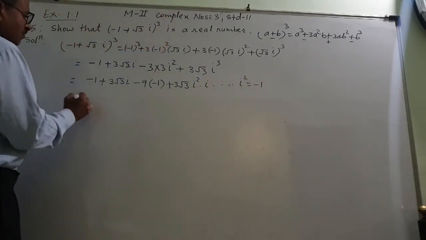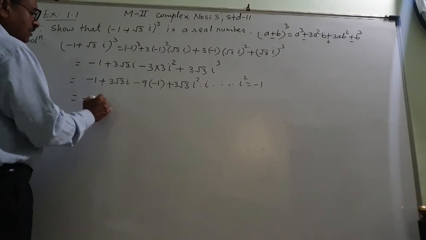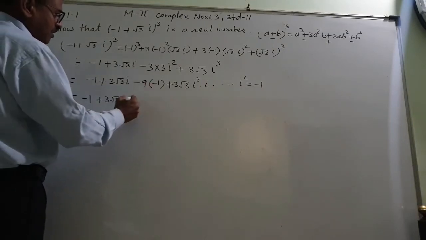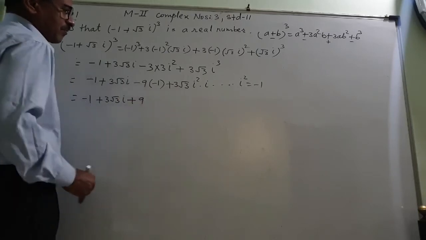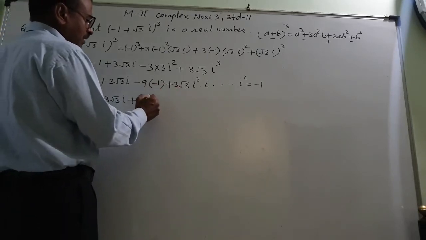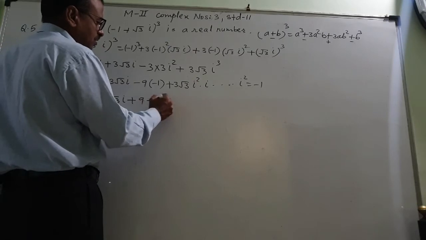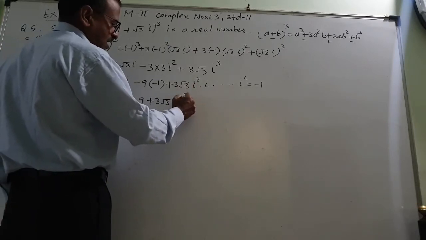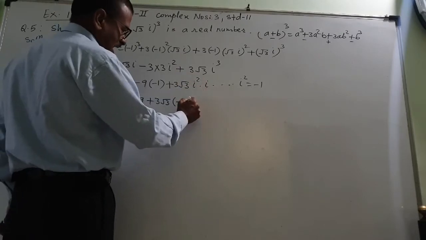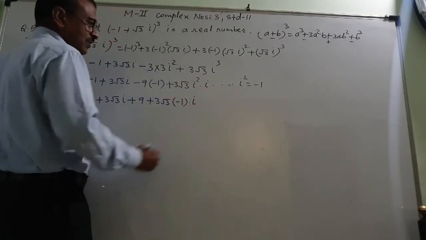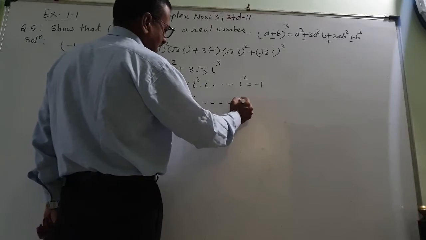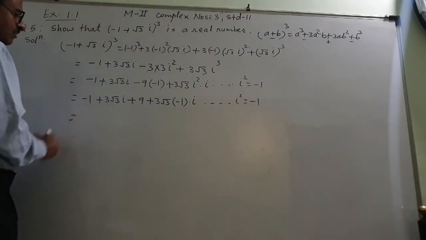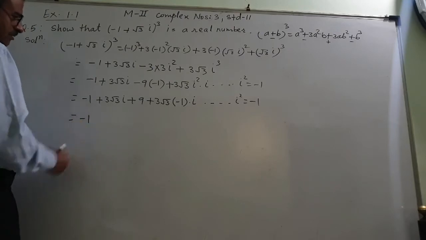So that is equal to -1 plus 3√3i. This will be plus 9. This will be plus 3√3 into, this is -1, this i square, and this i into i. So here once again i square equal to -1 I have put. So that is equal to, now -1.